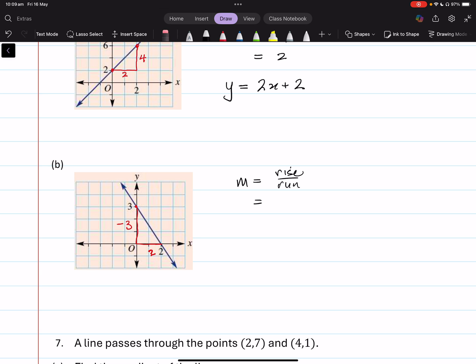Okay, so our rise is -3 and our run is 2. So that's our gradient. So putting it into the equation of the line, it's y equals m, the gradient, -3 on 2, x plus the constant, which is your y-intercept. There you go, +3. So there's the equation of that line.